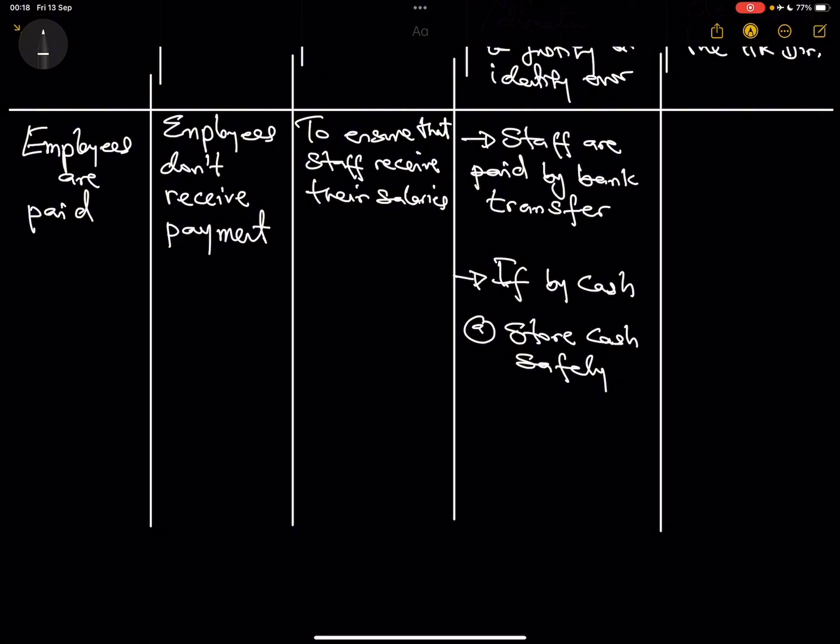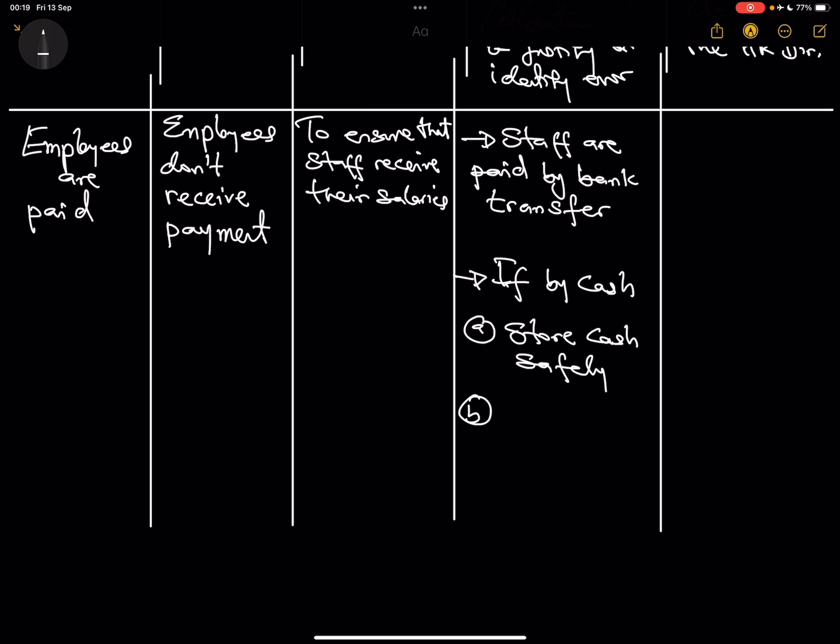And beyond that, you need to find a way to be able to tell that the staff has truly been paid. Remember, if you have made a transfer, even if the employee comes back and say, I didn't receive my money, you can print bank statement. You can go to the bank of that employee and validate. But if you pay cash, how do you argue with the staff if the staff comes back and say, I did not get my salary?